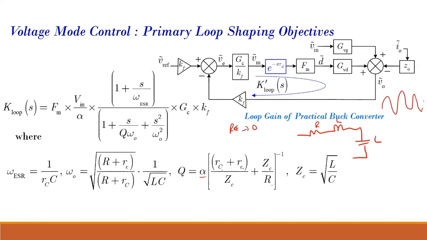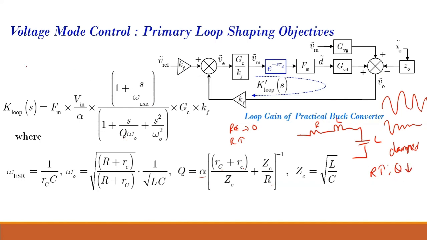It will be very oscillatory. But as your R increases, these oscillations will die down and it becomes more damped. So as you increase R, your quality factor will reduce and it gives a damped response.